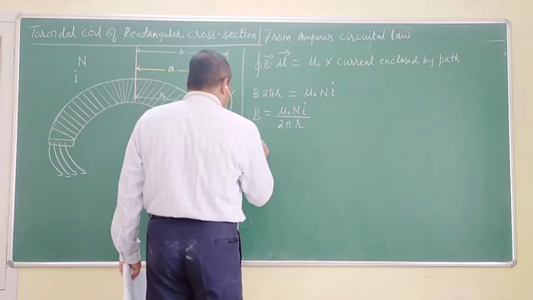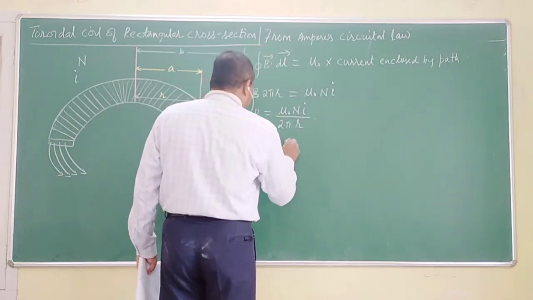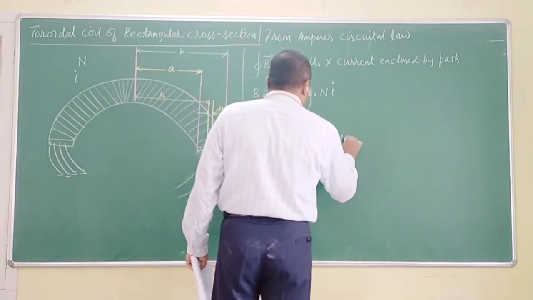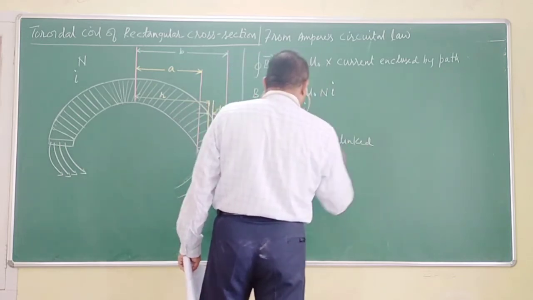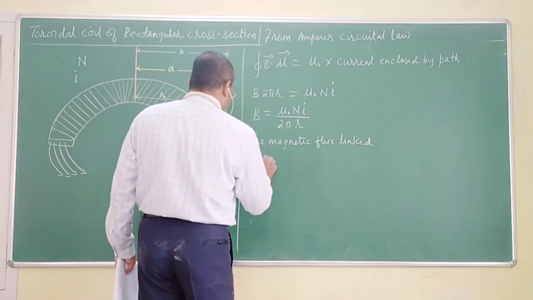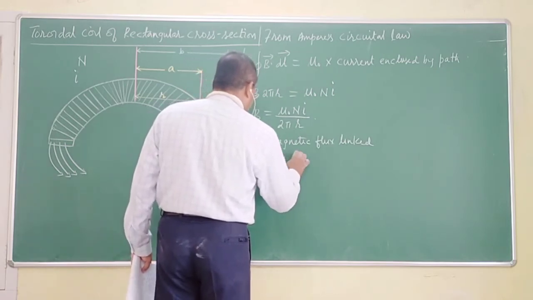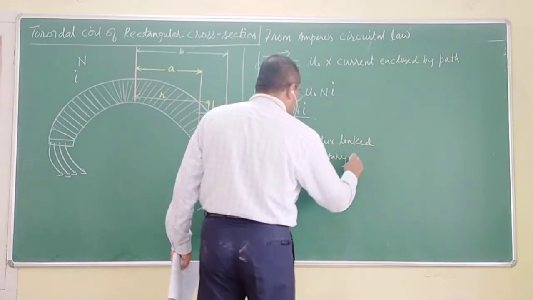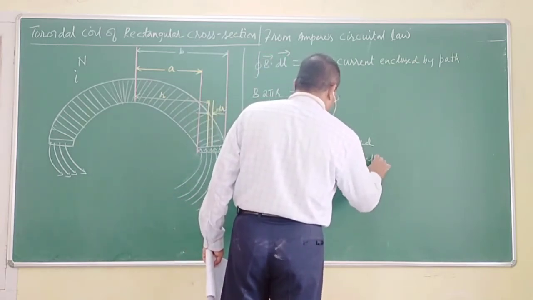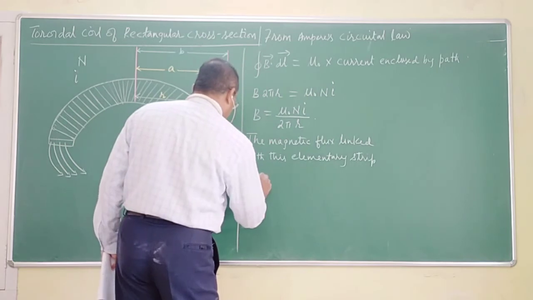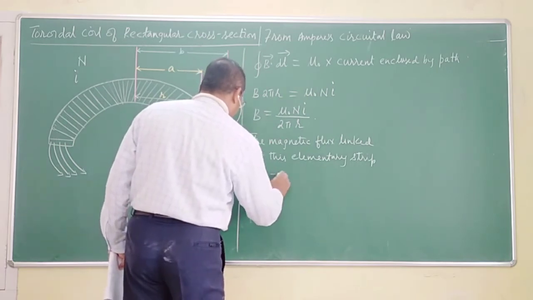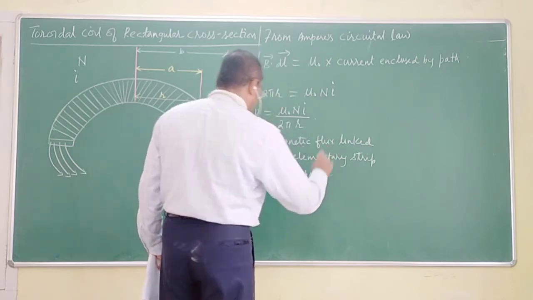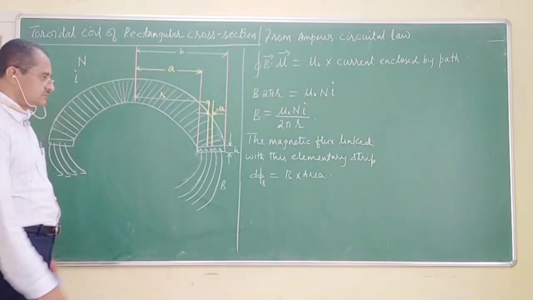The magnetic flux linked with this elementary strip: d phi B will be equal to B into area. Is that okay to you?